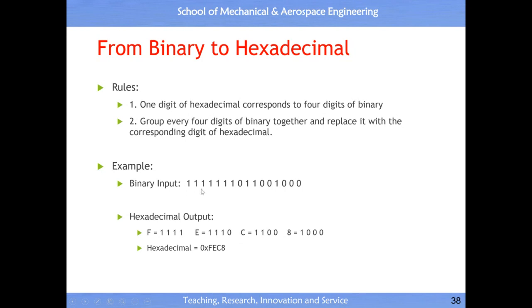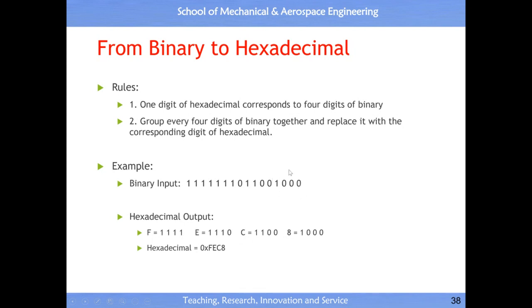Let's say 1111 is a series of binary bits. How do we convert this into a hexadecimal number? The rule is very simple, because we apply the first rule: one digit in a hexadecimal number corresponds to 4 bits in a binary number.